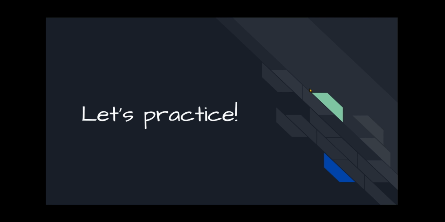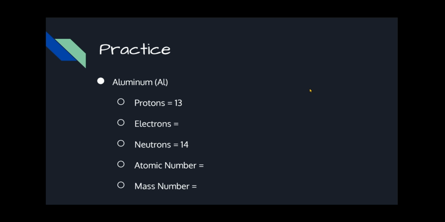Okay, now let's practice. So let's start with aluminum. So remember from our last video, if there's no charge, and right now we'll assume that all of these atoms are neutral unless we are told otherwise.